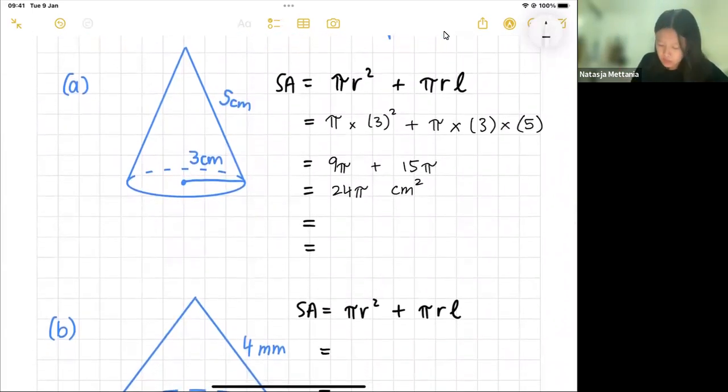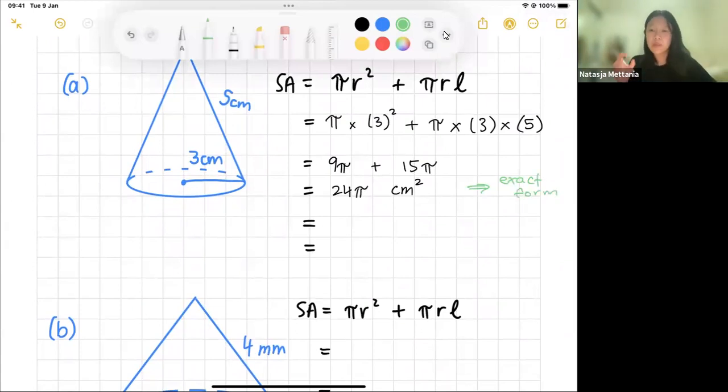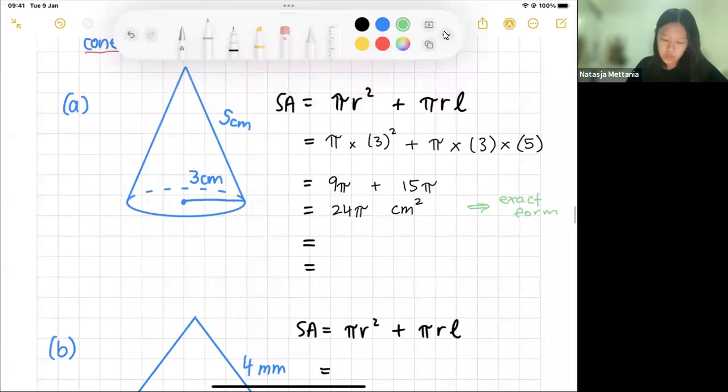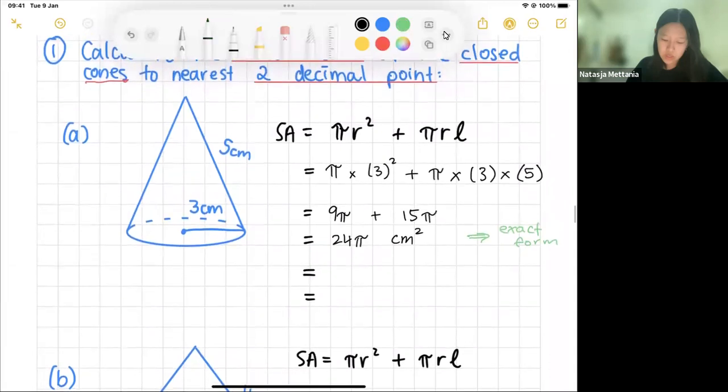This is very important to note. Sometimes questions will ask you to put it in exact form. Exact form means keeping it in pi. It looks nicer, but in this case, the question told us to put it into two decimal places. Write this down.